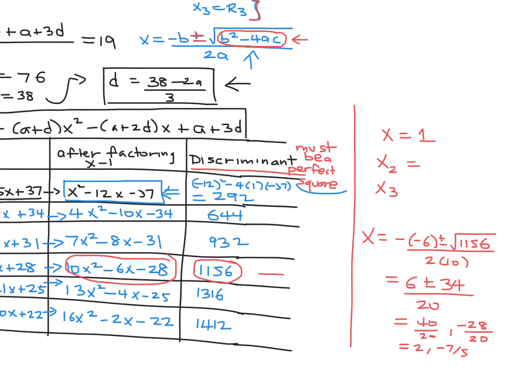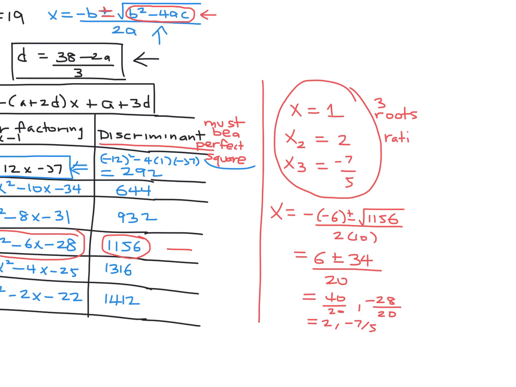So therefore, the roots are the 1, the 2, and the minus 7 over 5. So this is the answer to the question. And as you can see, there's 3 roots, and they're all rational. There's no square root in any of those roots because we chose the discriminant to be a perfect square.